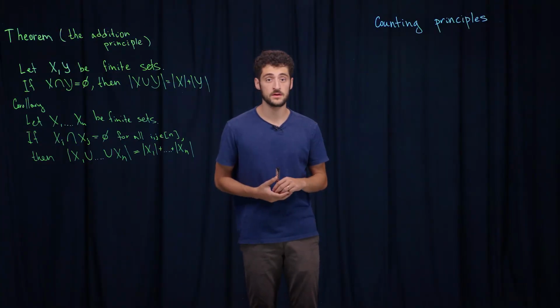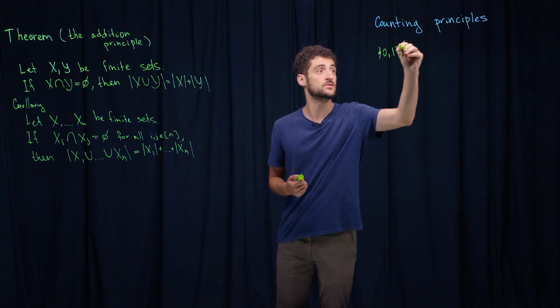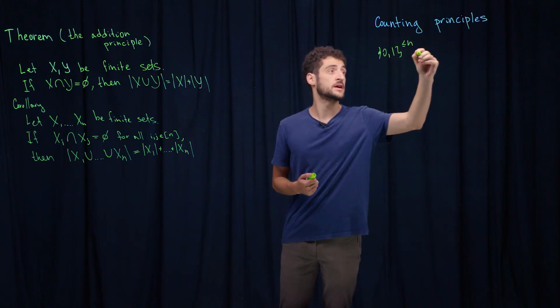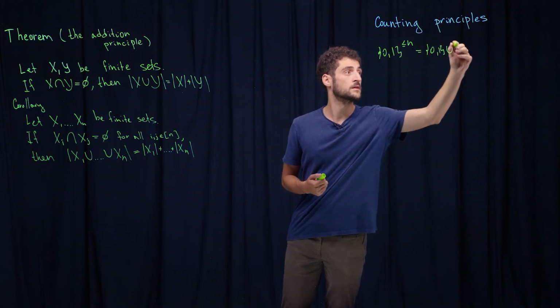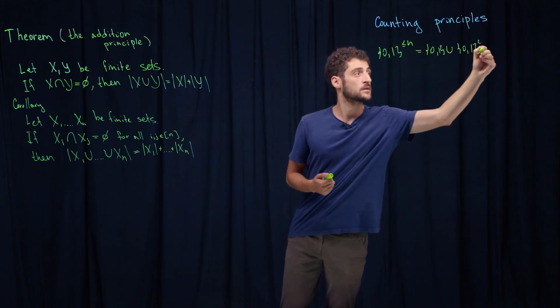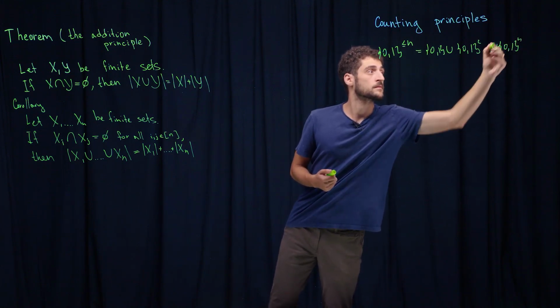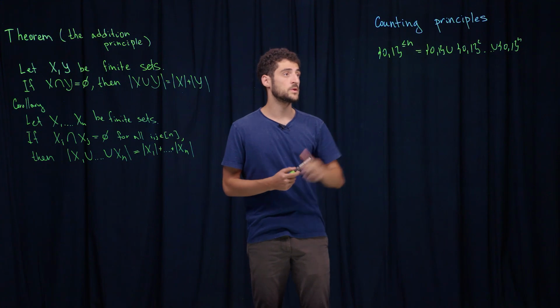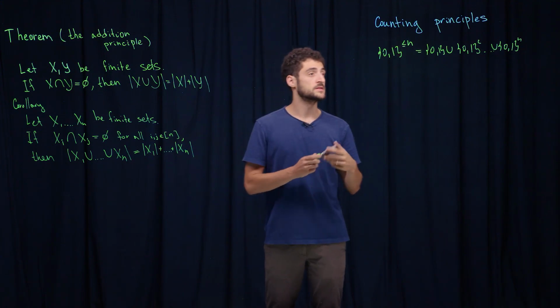Let's illustrate this by the following example. Let's define the set {0, 1} to less or equal than n. It's the set of all strings of length at least 1 up to n. And we want to find how many strings are in this set.